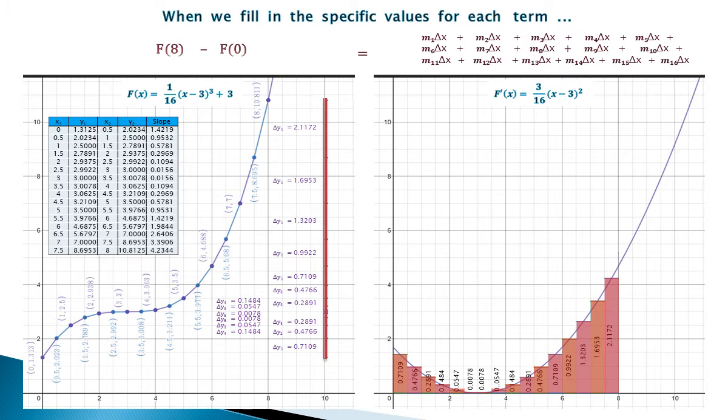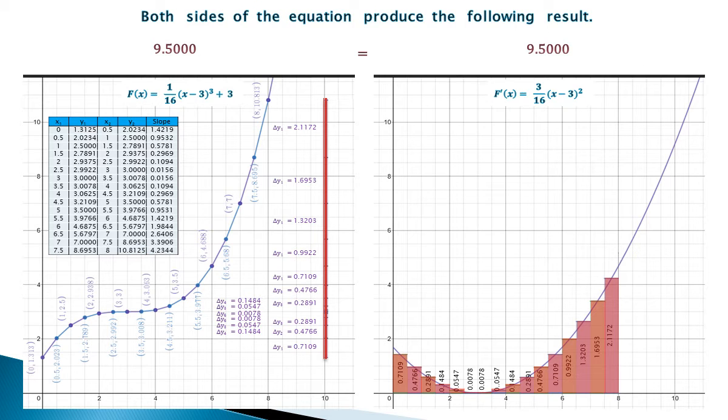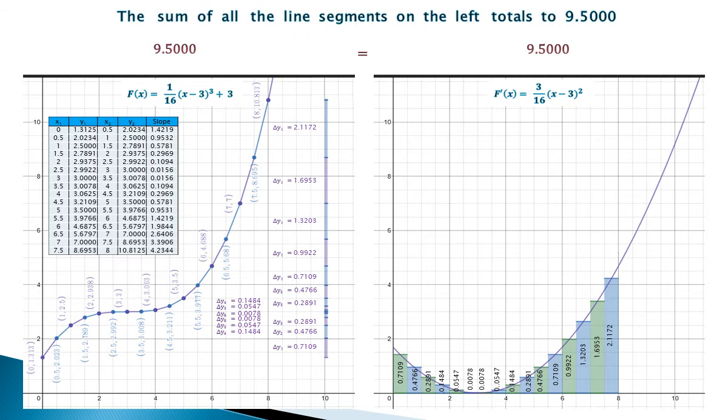When we fill in the specific values for each term, once again, both sides of the equation produce the following result. The sum of all the line segments on the left totals to 9.5.